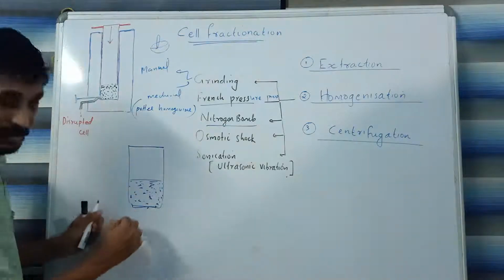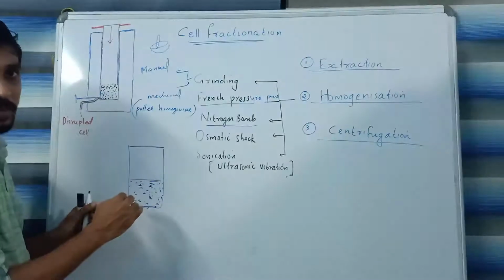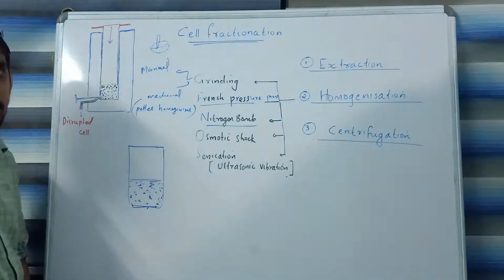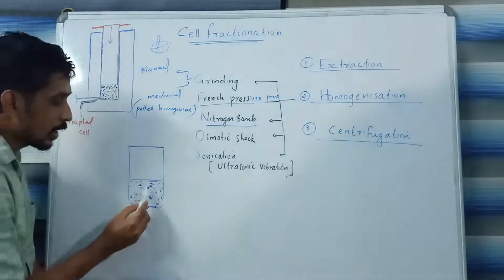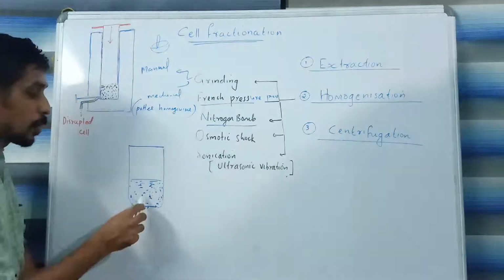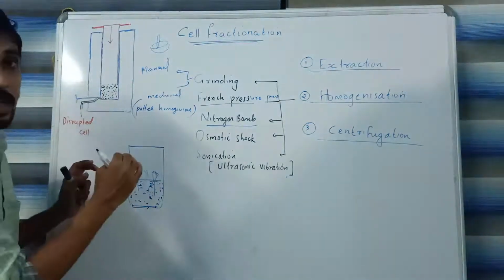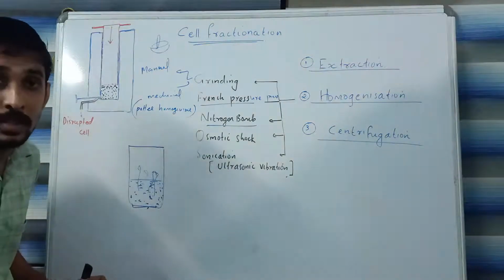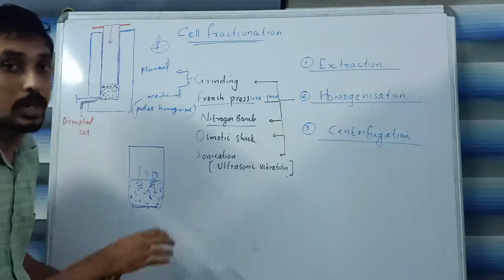After that, we decrease the pressure inside this closed container. During that time, nitrogen quickly bubbles out from the suspension. That process leads to the destruction of the cell wall and cell membrane of the cell.